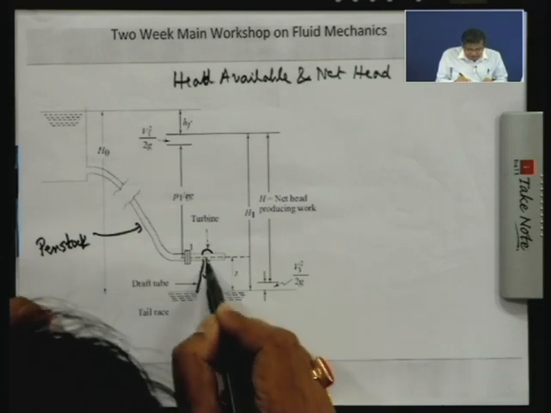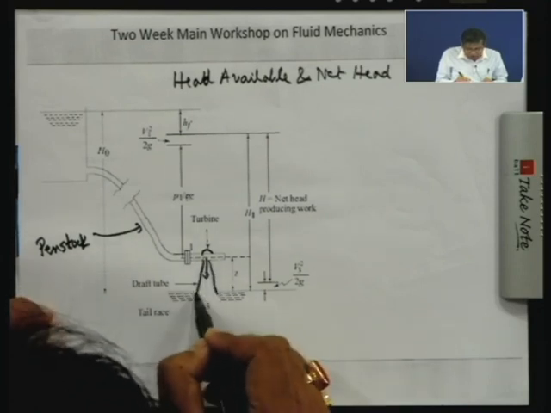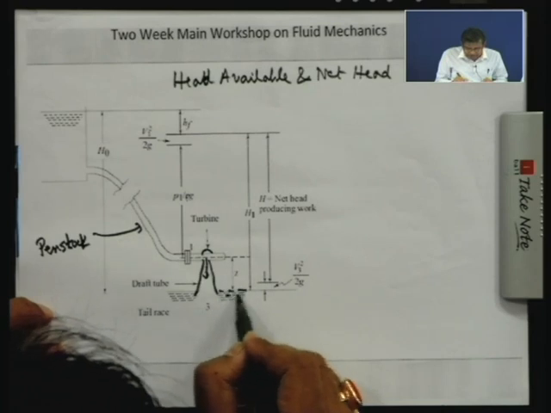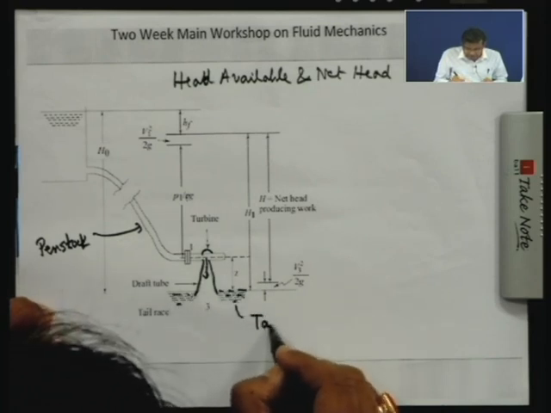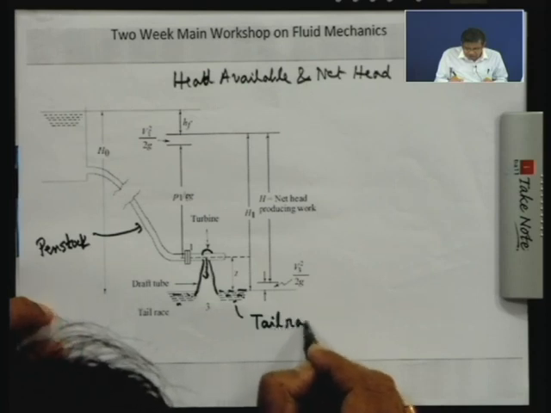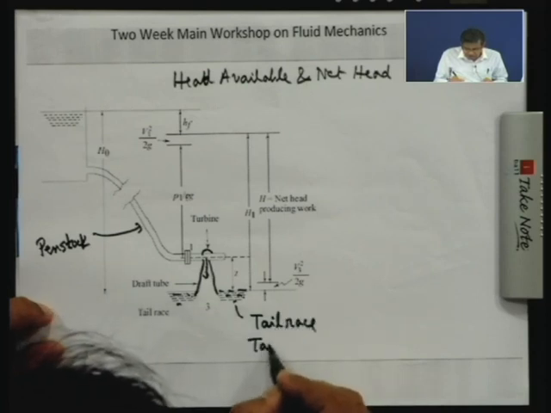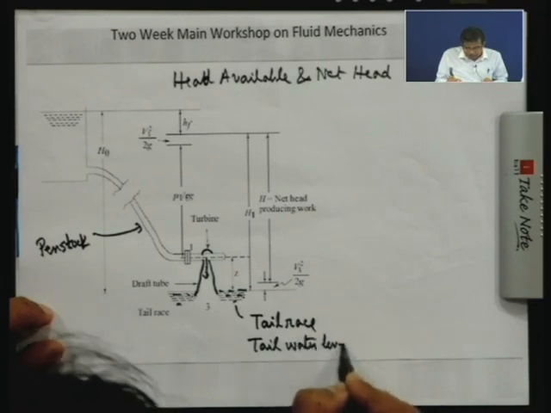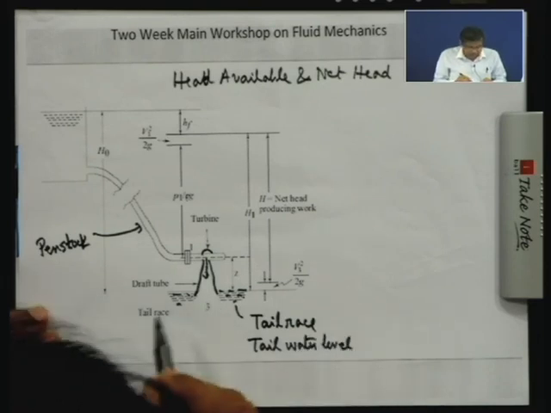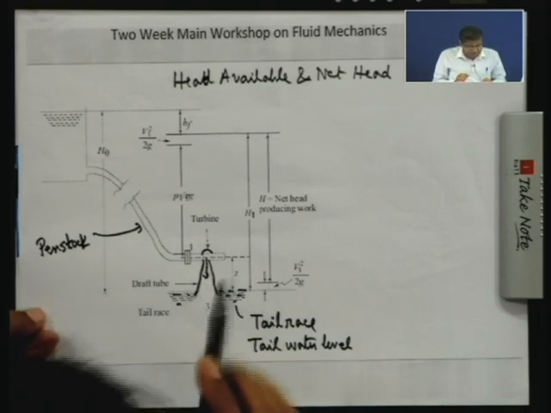This tube is the draft tube which finally discharges at this level of water, which is known as the tail race by terminology, or tail water level, where the water is discharged. Okay. Now, let us understand all these things.